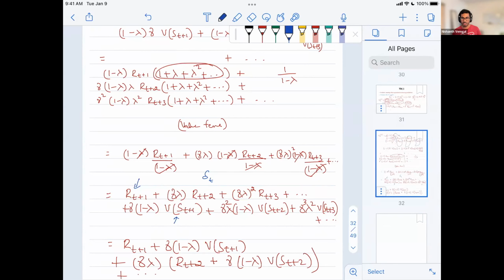So next, what I'll do is I'll add and subtract values of each and every state throughout this sum. So I'll add and subtract V of S_t here, and add and subtract V of S_{t+1} here, and then add and subtract V(S_{t+2}) here, and so on.